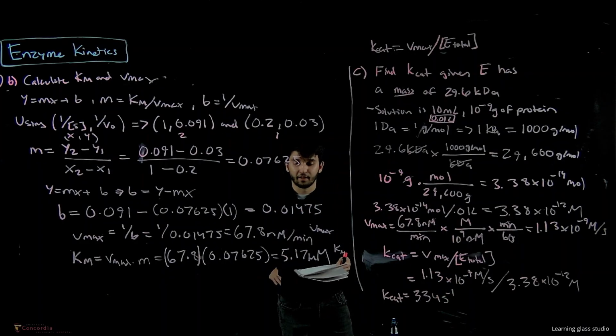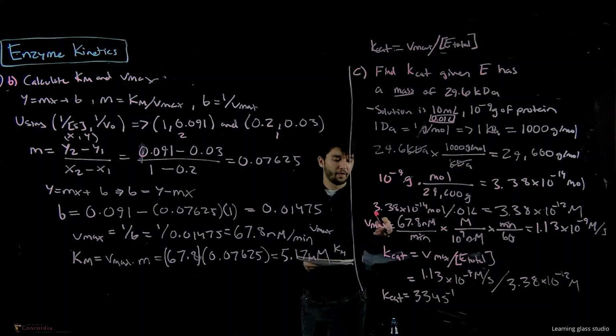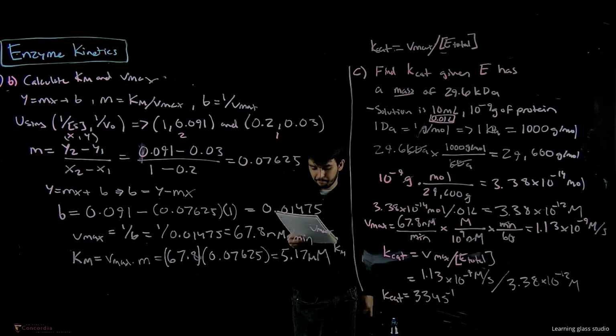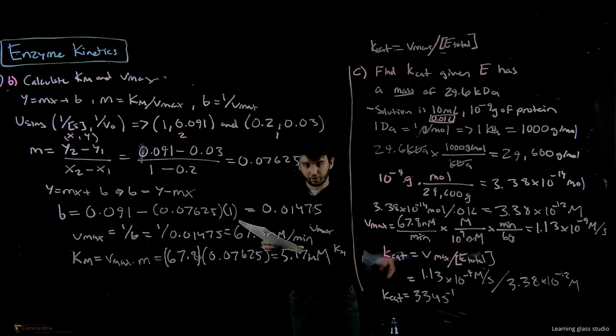So that's our rate constant. We are converting substrate to product at this rate, 334 compounds per second. Okay, so that's just a rate constant. It doesn't have any sort of unit for moles or anything.